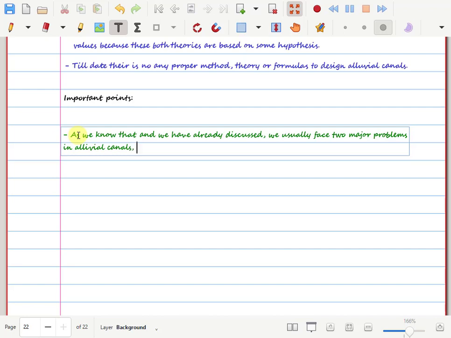What are those problems? Scoring and silting.